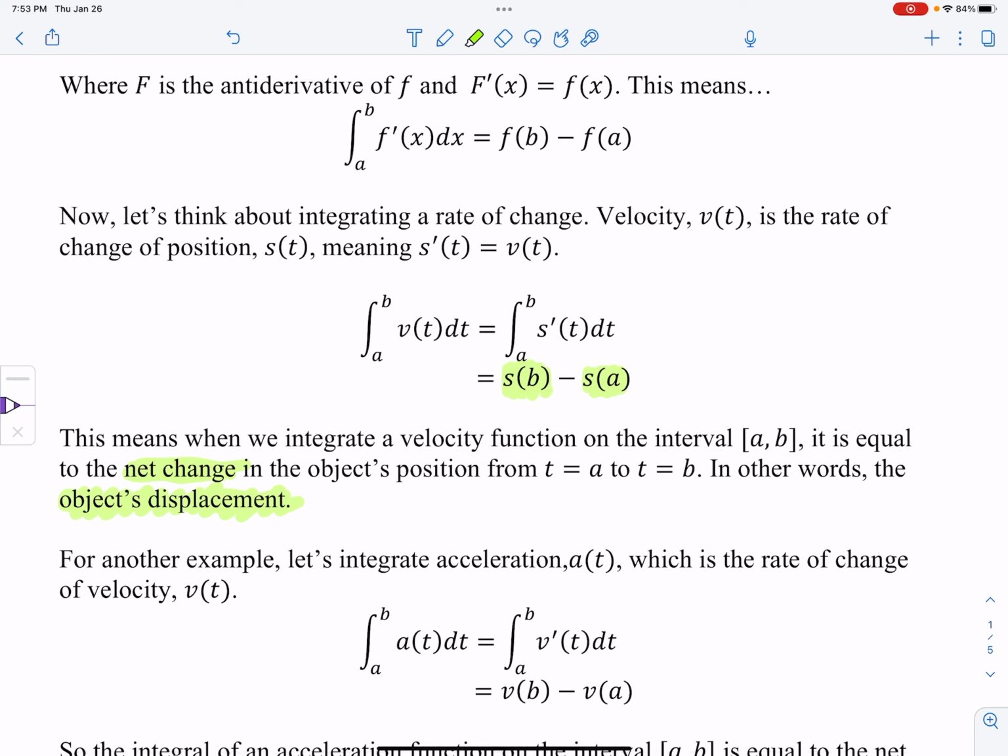That's different than if we were talking about total distance traveled. Total distance traveled would be adding up the magnitude of each distance.